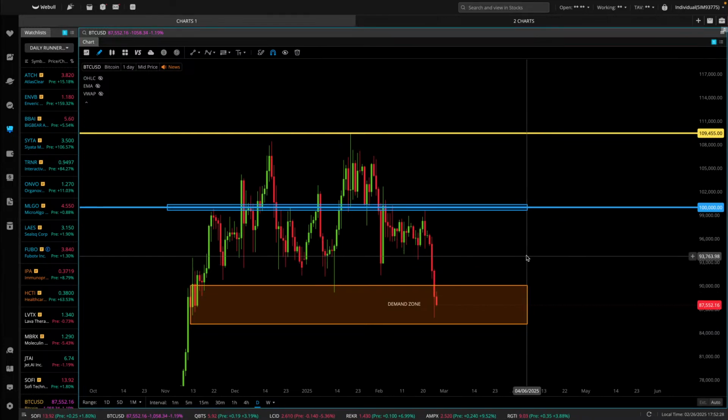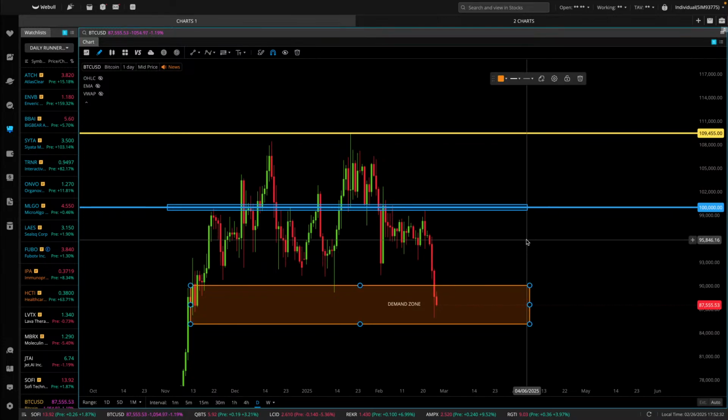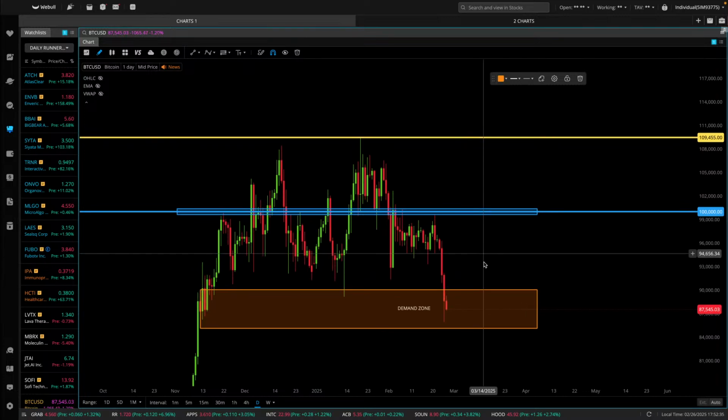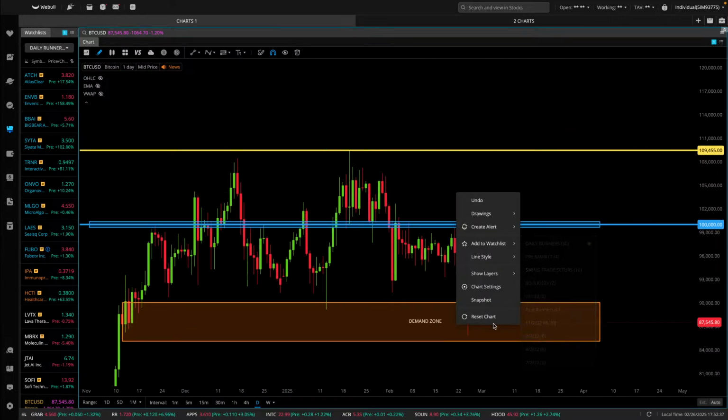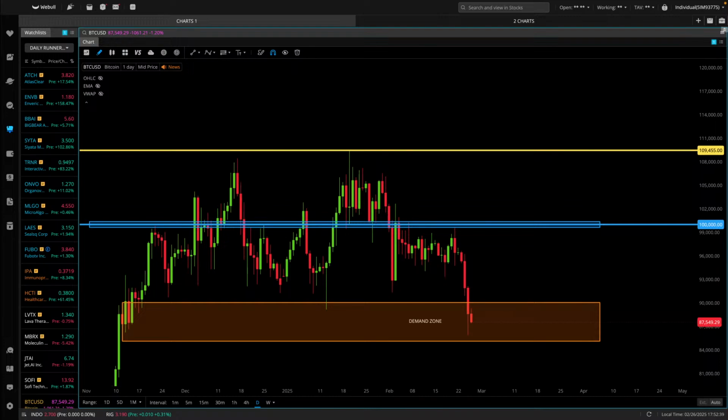Based on technical analysis, not fundamentals, there is a high probability that this will reverse around here. If it doesn't, it doesn't. Yeah, we will see. Crypto respects technicals very, very well. Okay, what else is there?